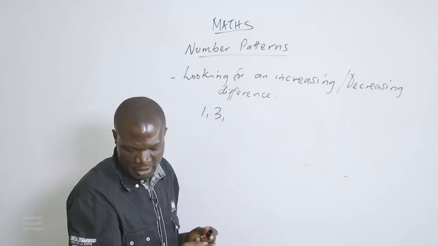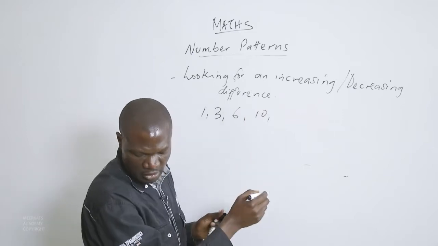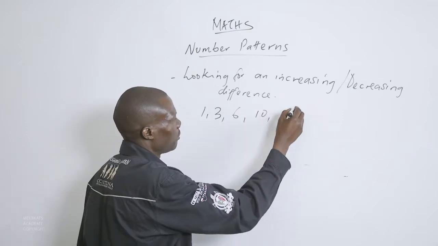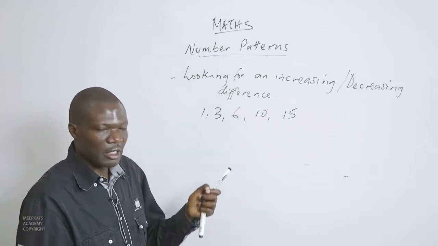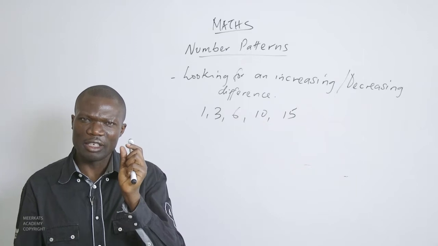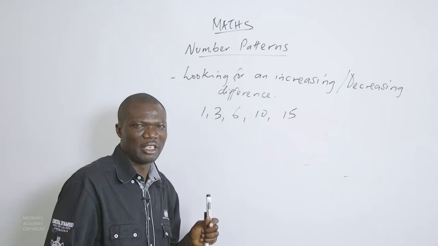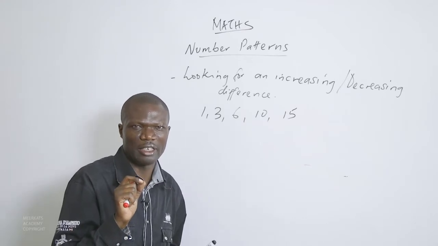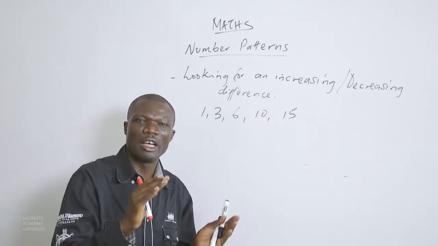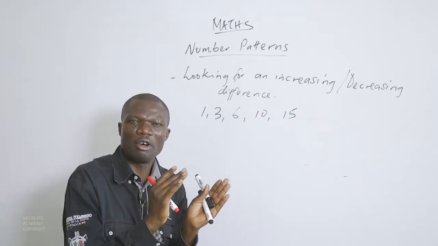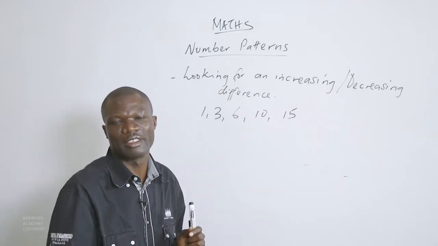the number pattern 1, 3, 6, 10, and 15. The number pattern we have here, it is the duty of you as a learner to look at the number pattern, to think, to analyze, to look at what could be the possible behavior in between the terms that keeps on recurring.